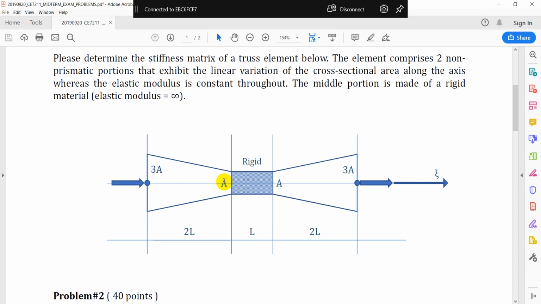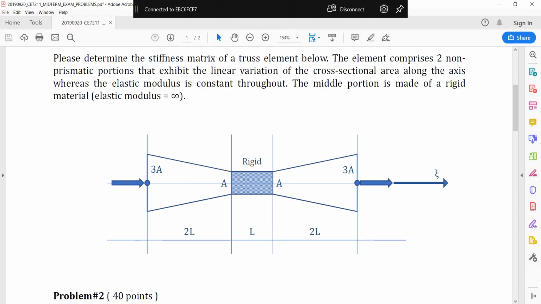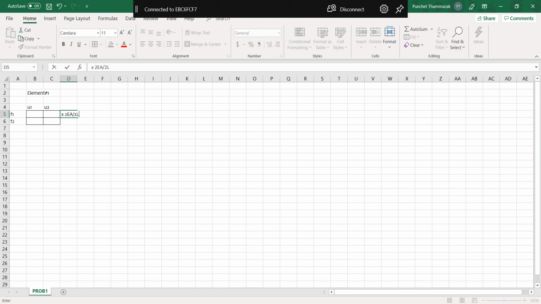Well, we used to do this, right? So we know that E times A, which is 2A, the average of 3A and 1A turns out to be 2A. So multiply by 2EA over, what is the L? 2L, right? 2L.